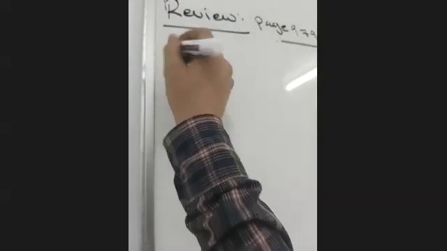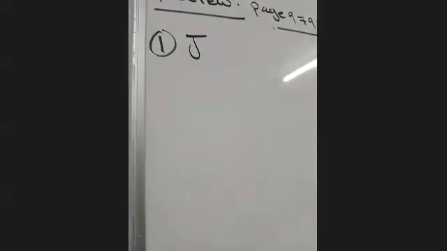J. A triangle with three congruent sides. So the equilateral triangle, guys, is a triangle with three congruent sides. So question one is J.